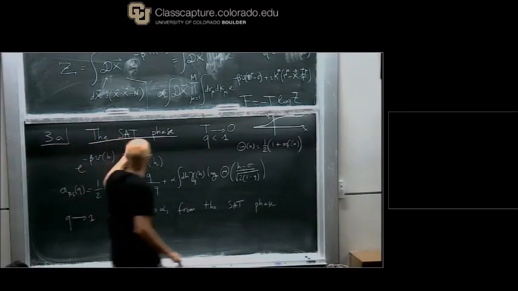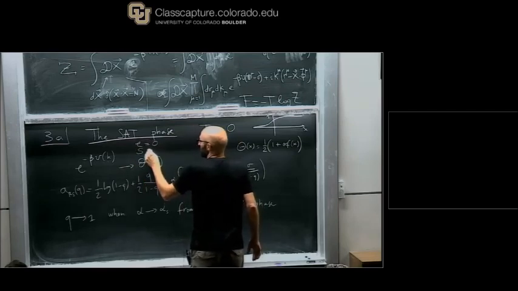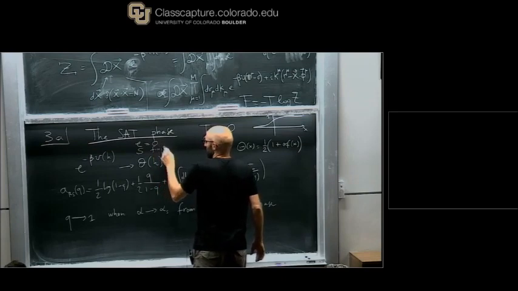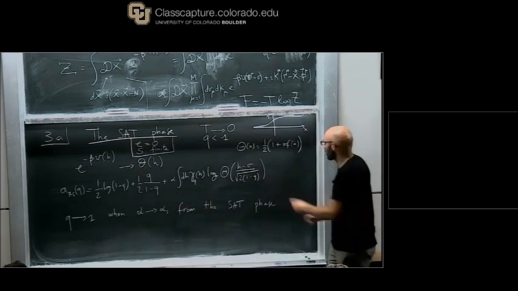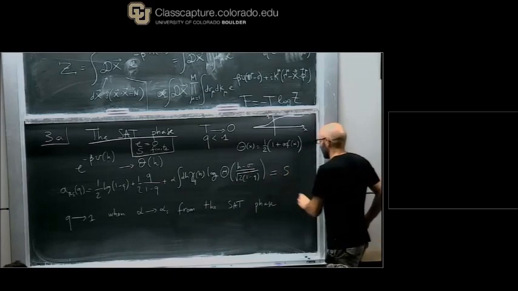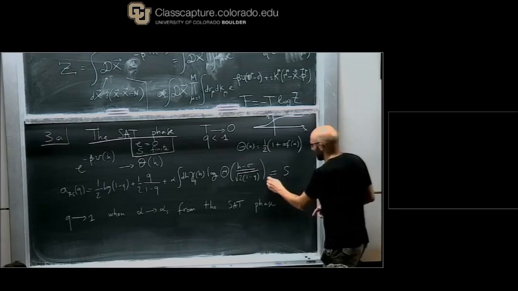So the energy should be 0, and the entropy should be finite. So this function is exactly the entropy in the SAT phase, after you minimize over Q.